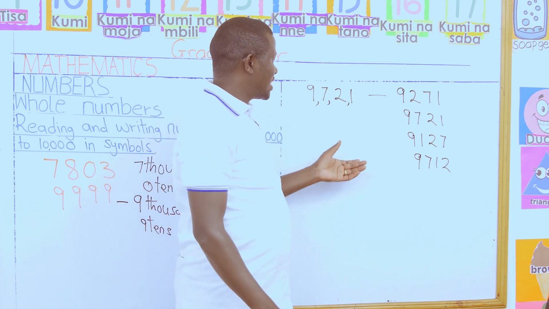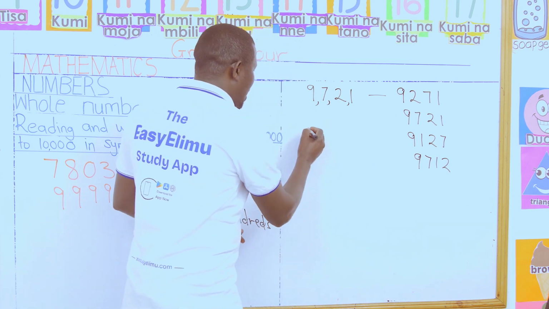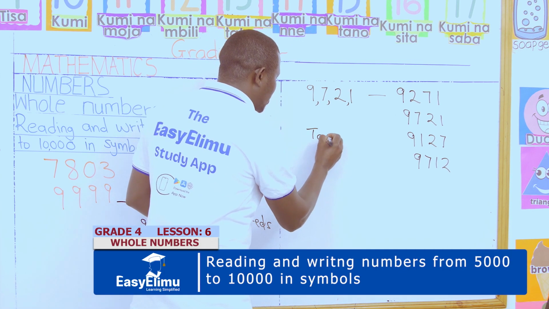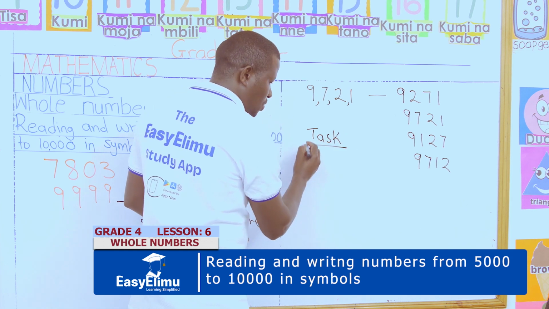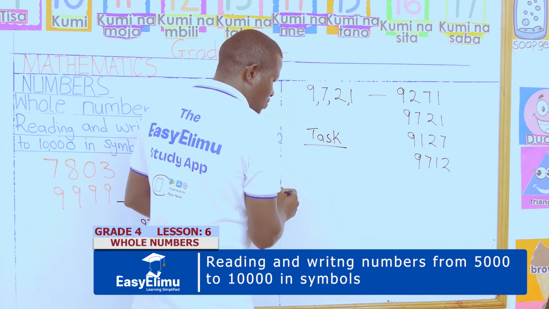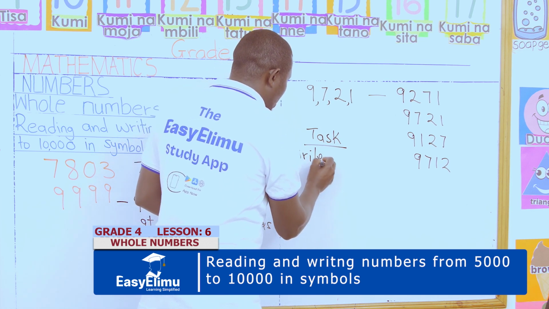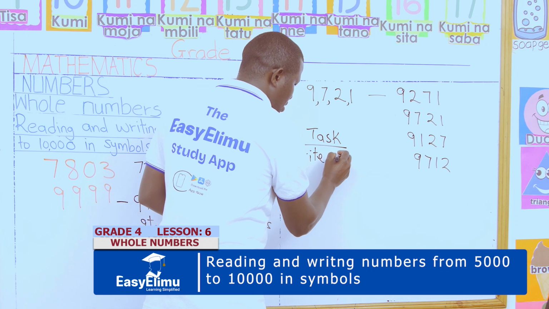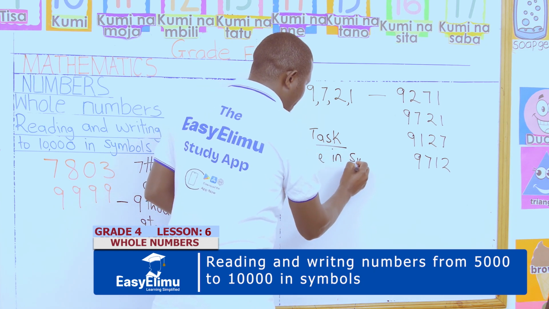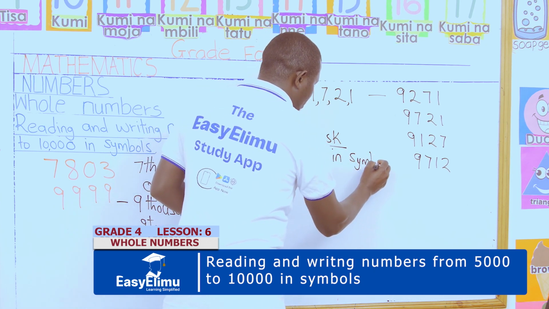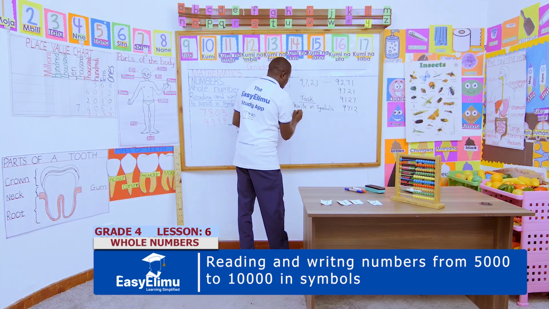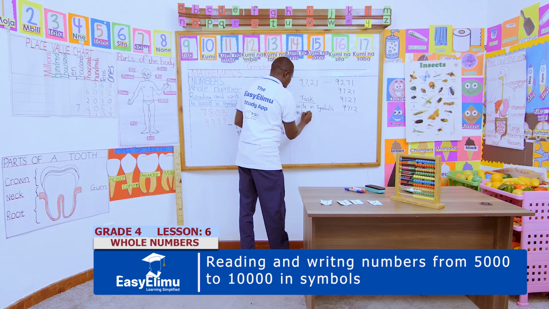Now, I can see you are doing well. Can we tackle this task for us to do? Our task now is to write in symbols and read the following. What are you writing in symbols and reading?